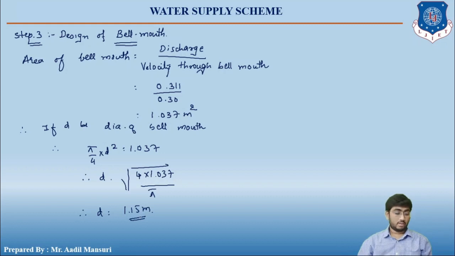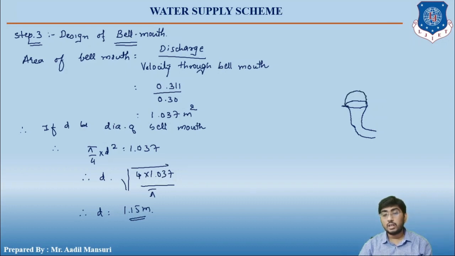1.15 meter. Now we know that bell mouth is something like this. So this is bell mouth, and above this there will be a screen with holes. A hemispherical screen will be there. So we need to find out the number of holes required.